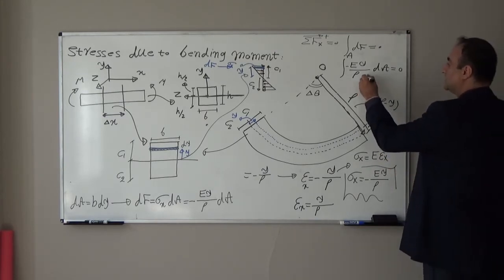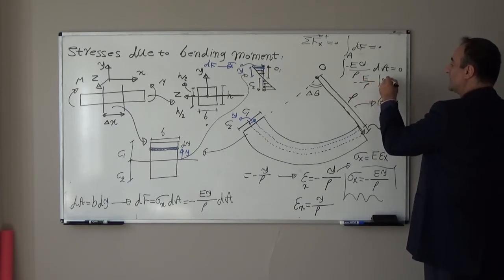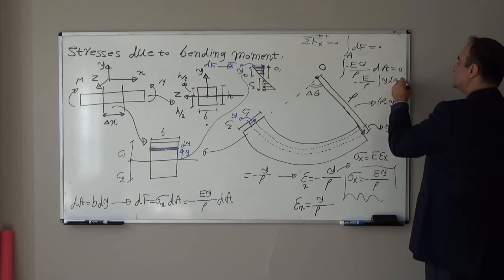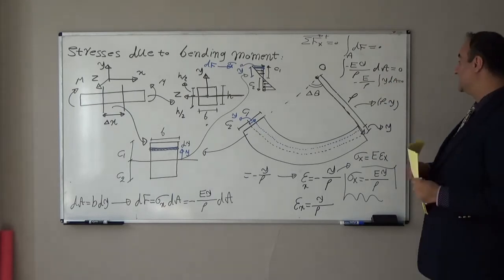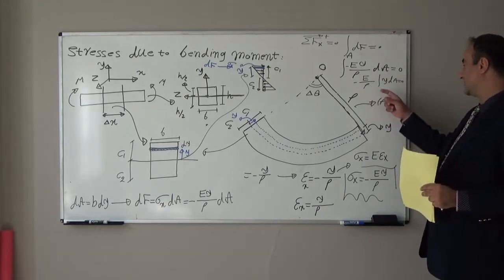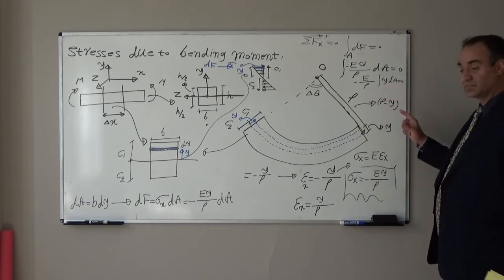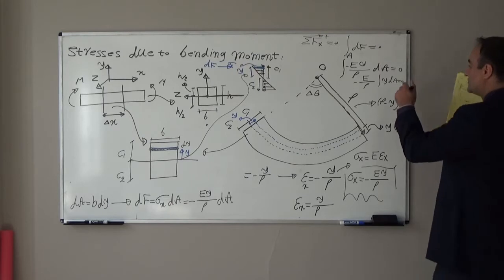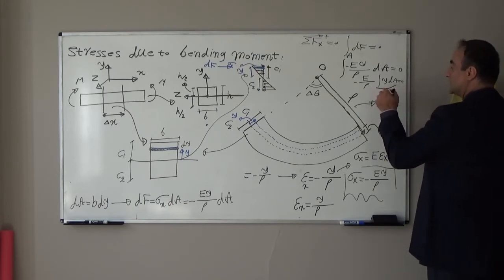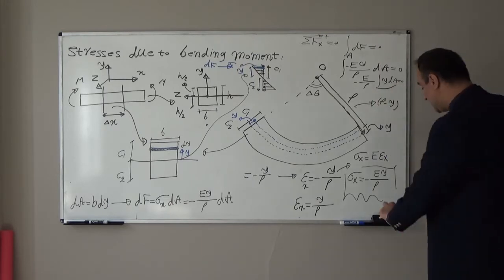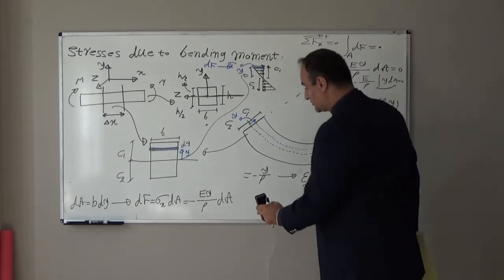I can write E over rho times the integral of negative y dA equal to 0. Since E over rho is a constant number, in order for this product to be 0, the integral term should be equal to 0. So the integral of y dA should be equal to 0.